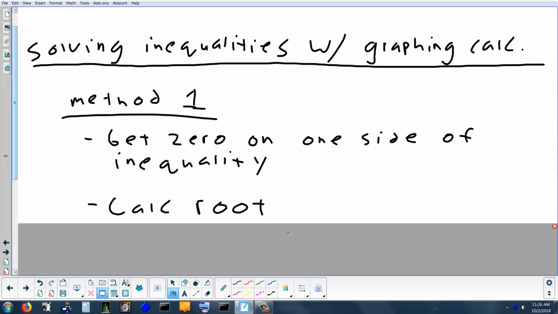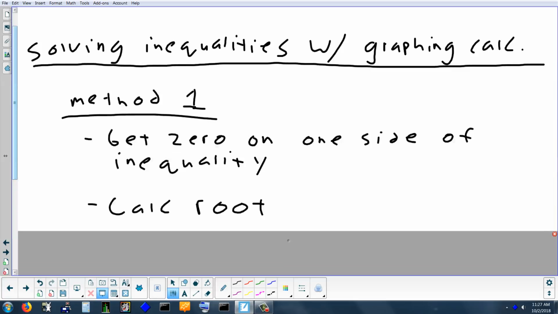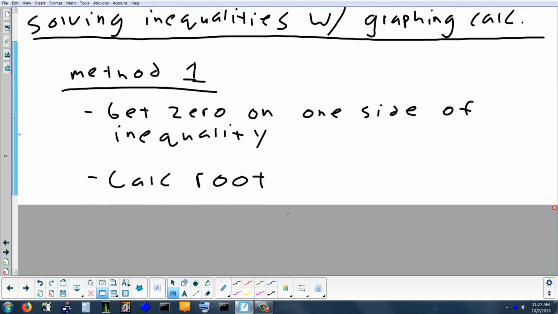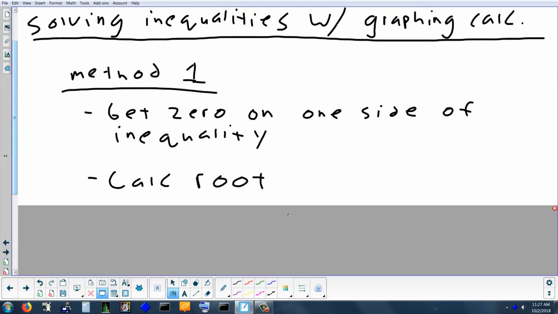There's two ways you can do it. Okay? And I'll do the same problem twice and show you both ways. First way is to get 0 on one side of the inequality, almost like you're solving a quadratic. Get everything on one side, 0 on the other. And then we're going to calculate a root. But now you have to be careful.